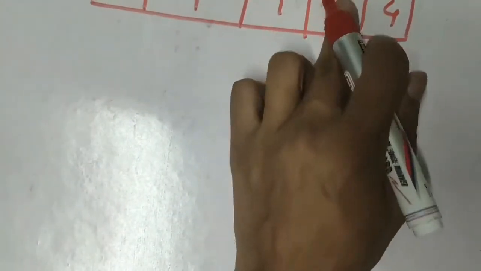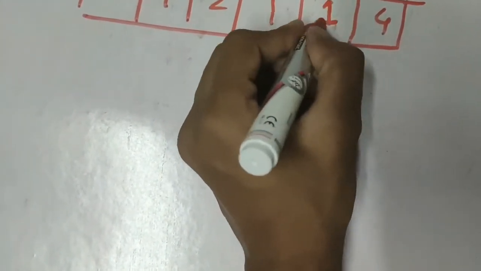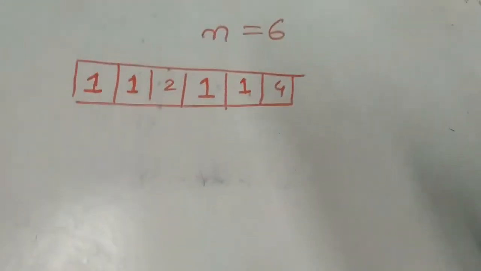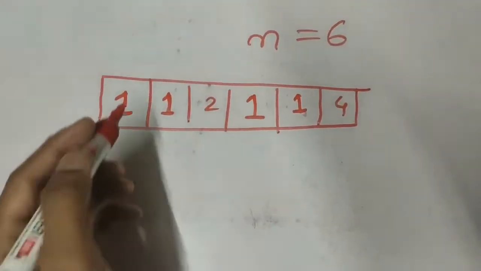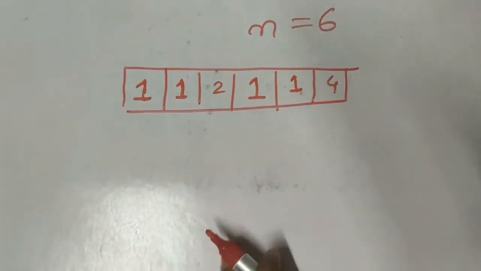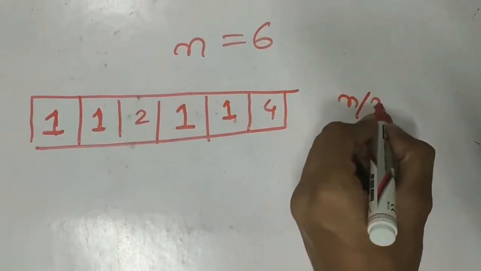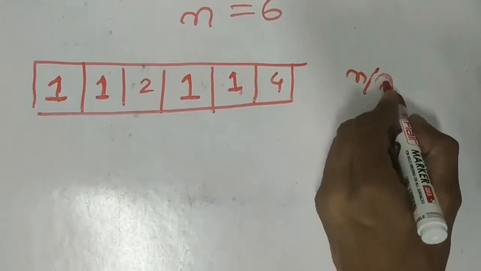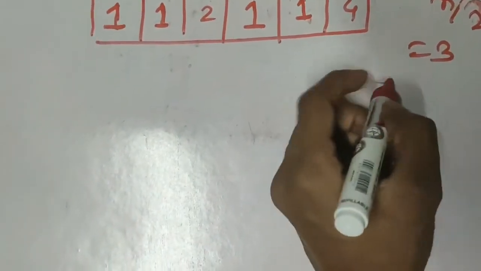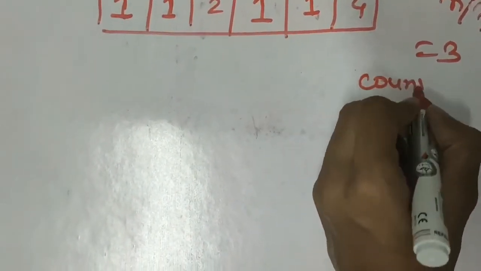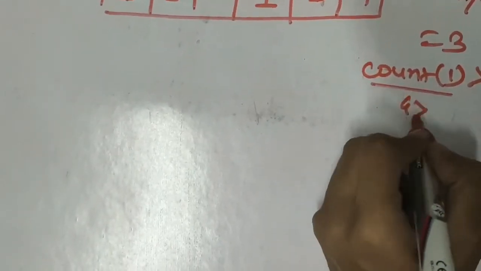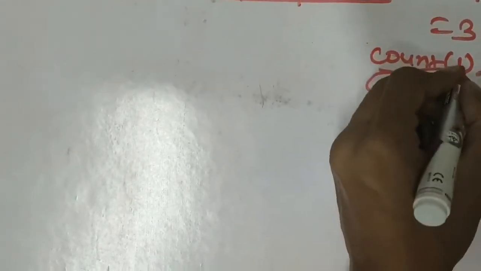Suppose there is one more 1. What will be the majority element in this case? 1 is present 4 times, so 1 will be the majority element, because n by 2 equals 3 here, and 1 is present more than 3 times.